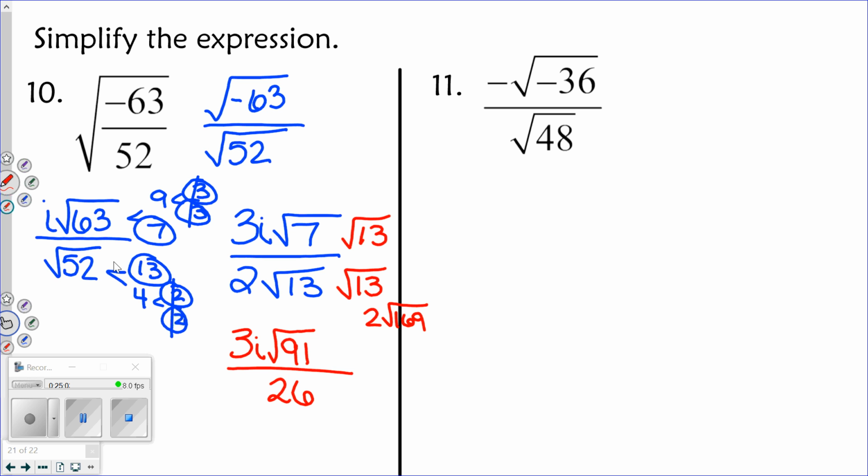And then the last step is simplify anything else if you can. 3 over 26, nothing goes into that. Radical 91, if you do a factor tree there, the only things that multiply to give 91 are 7 and 13, and those are both prime. So that is as far as that one goes.